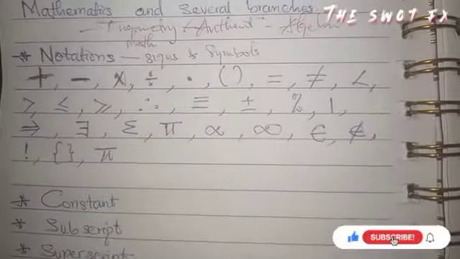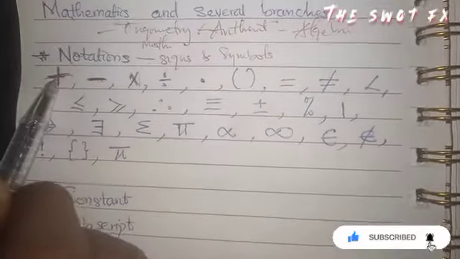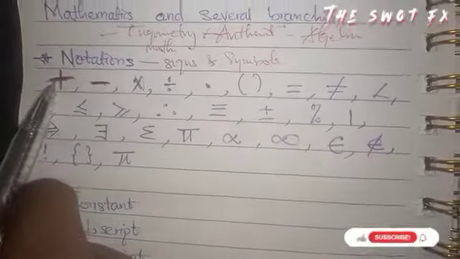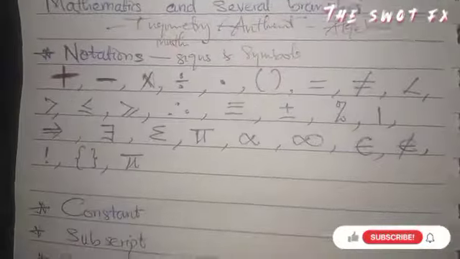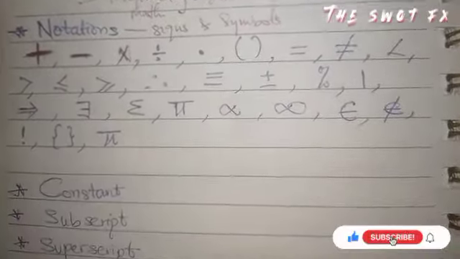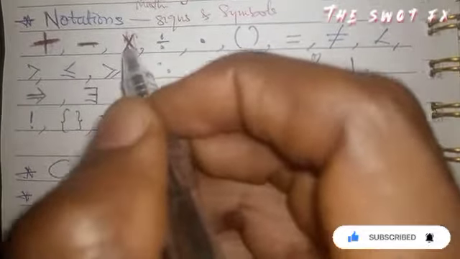Do you get it now? Note my words: the plus sign is to add two variables together, the minus sign is to subtract, and this times sign is to multiply variables together.